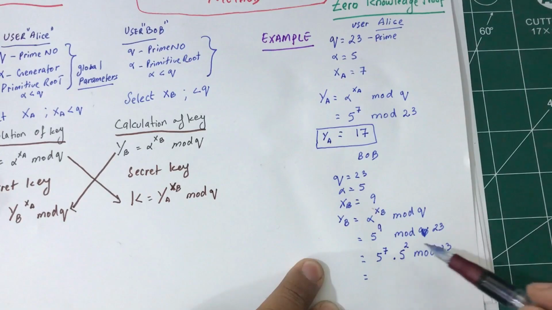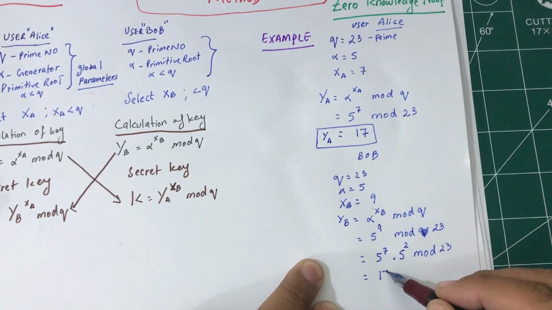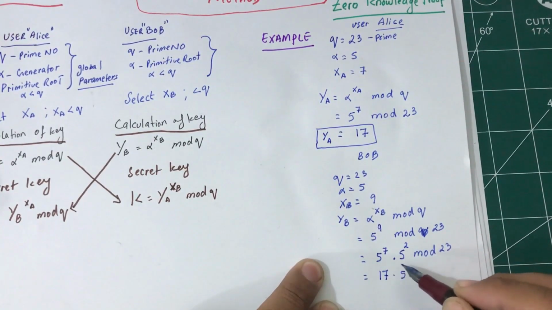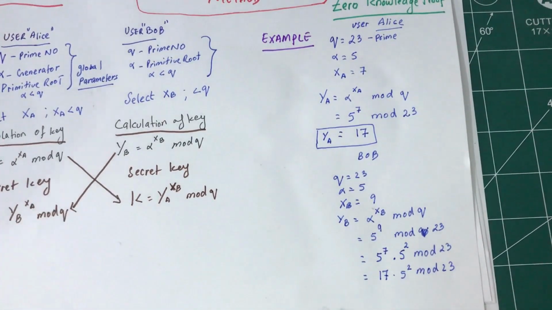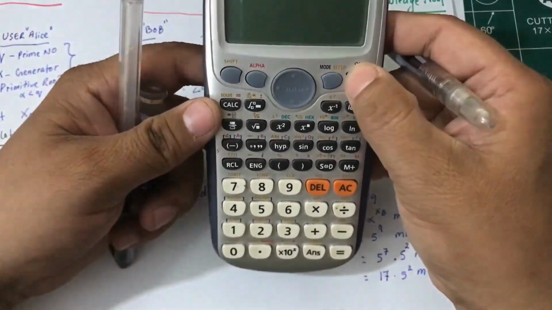I know 5 raised to 7 mod 23 would give me 17. Because my calculator was unable to give me the answer, now I can do this.